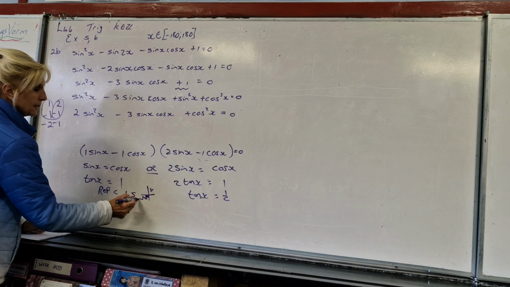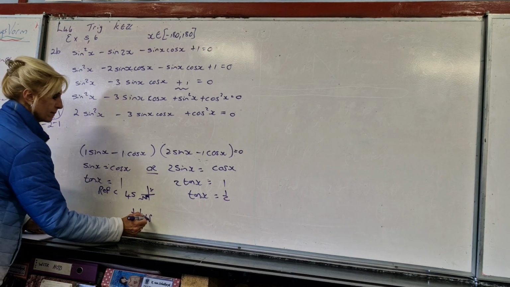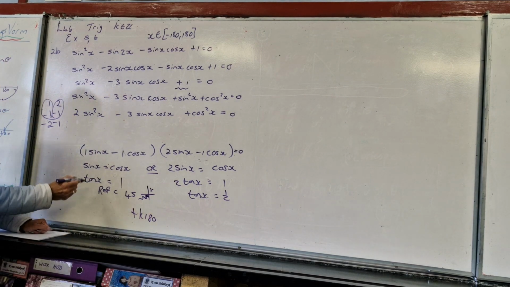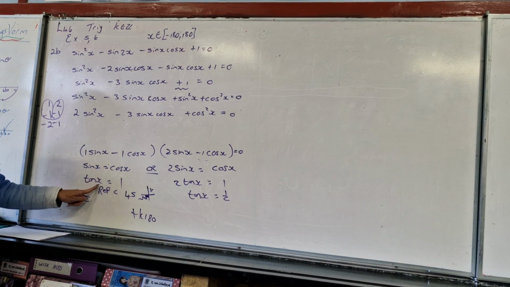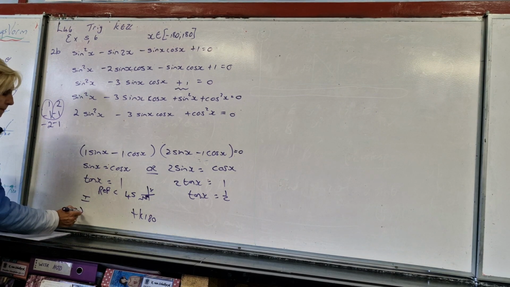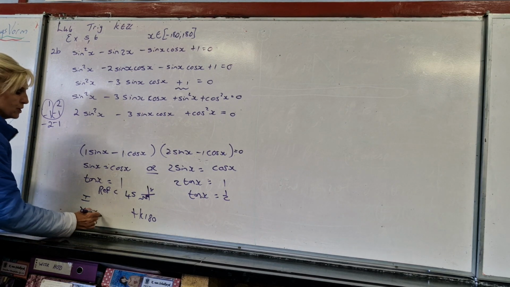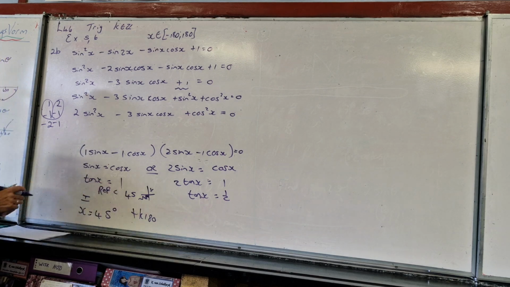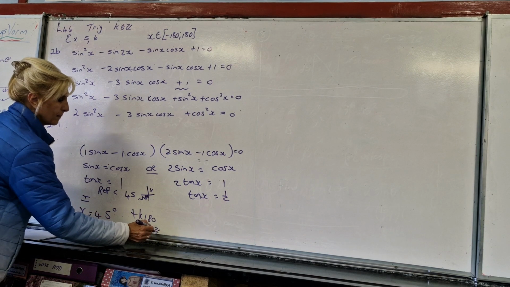But then we always said, no, I don't have to write that as long as I write k times 180. Then in quadrant number 1, the angle's name, because it could have been something else than just x, it could have been 2x or whatever, x is equal to, in the first quadrant, it's just the reference angle plus the k times 180, and to be complete, we say k element of Z.